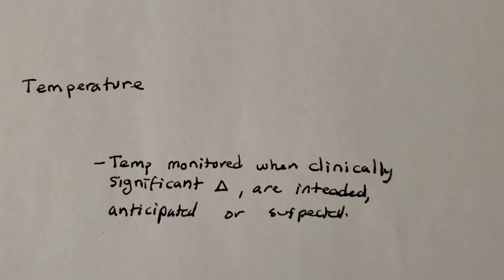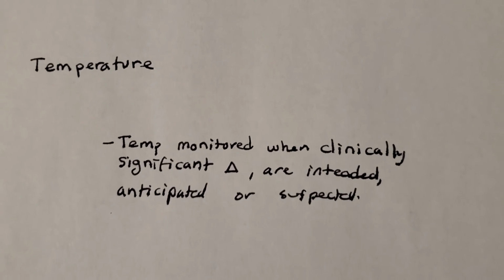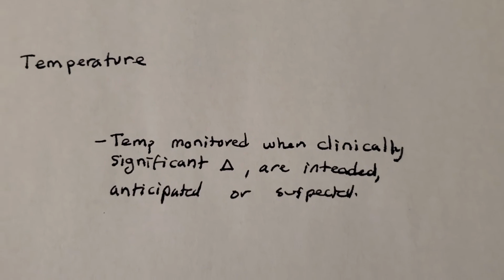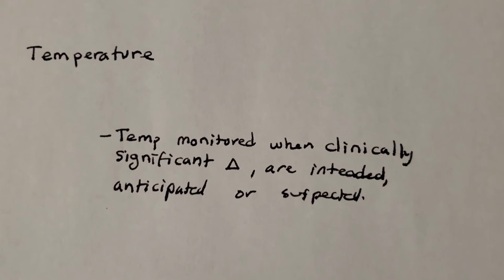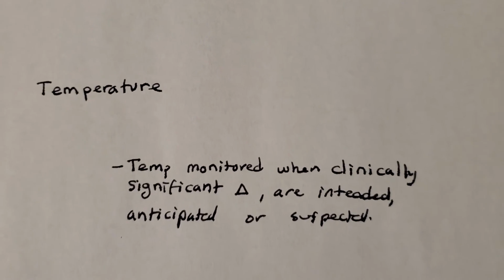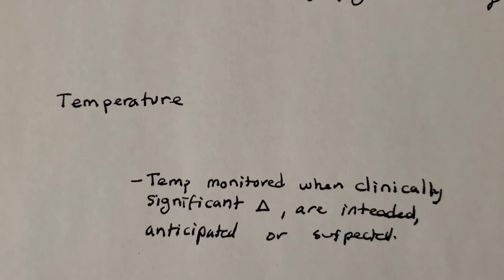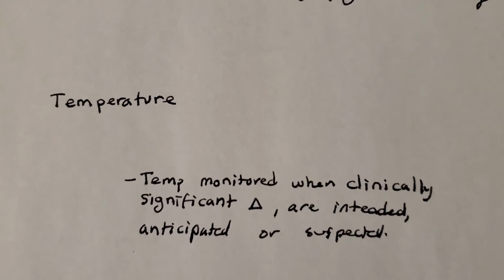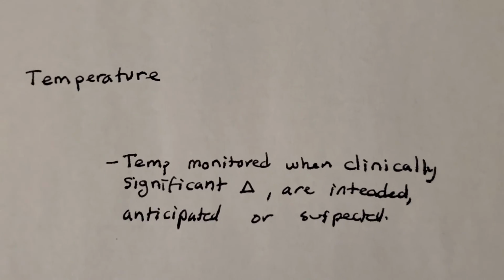Also, what if it's regional, and that's all you did? In the OR area, when you give a spinal, the patient's awake, and what are you going to do? Put an esophageal probe in an awake patient? No, you're going to put a skin temperature, I guess you can, but no.